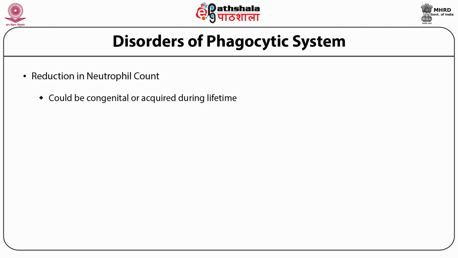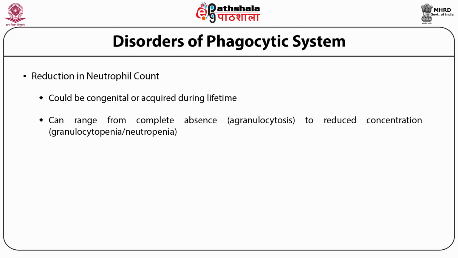Reduction in neutrophil count. Neutrophils are the most abundant white blood cells present in the blood. Their deficiency can range from complete absence, that is agranulocytosis, to reduced concentration, that is granulocytopenia or neutropenia. The deficiency could be due to some congenital defects or may be acquired during the lifetime because of some external factors.